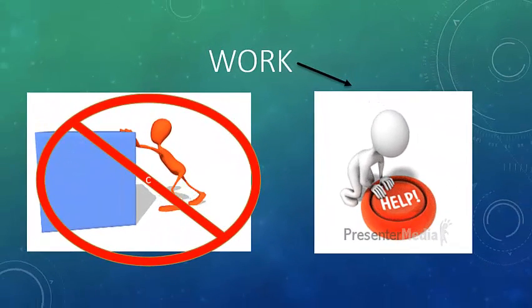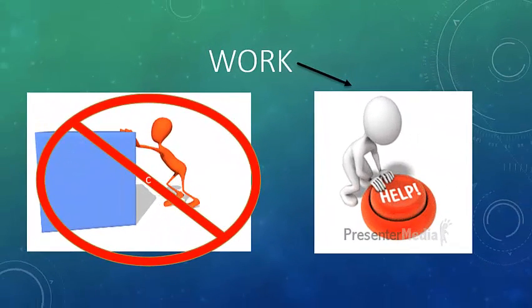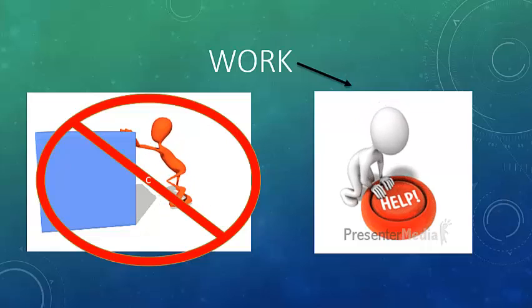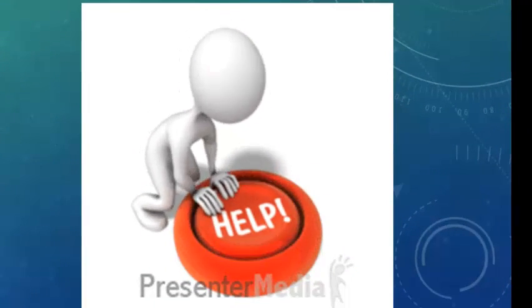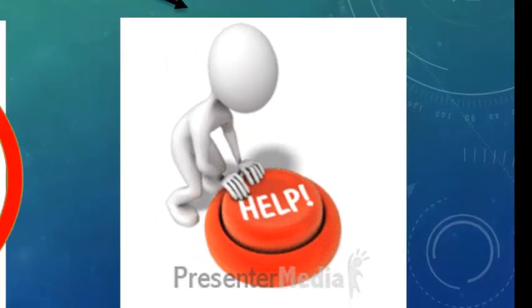So, we've taken a look at this picture of the man pushing the box, and we determined there is no work there. Let's go now and take a look at this guy pushing the button.